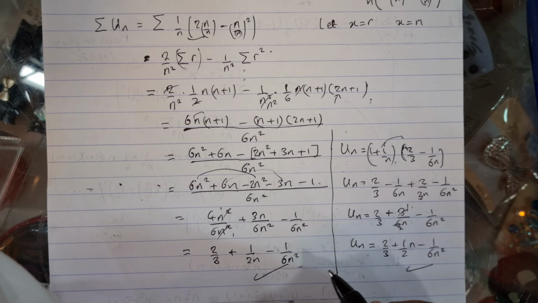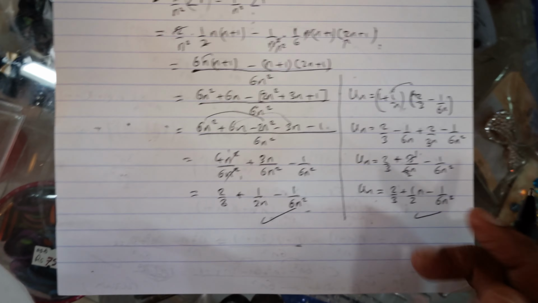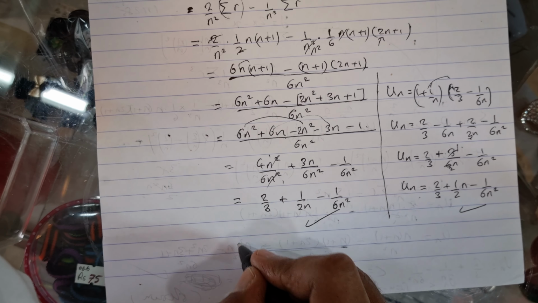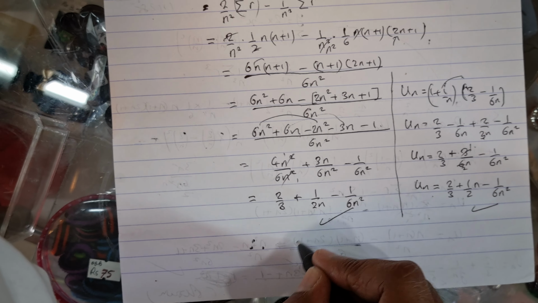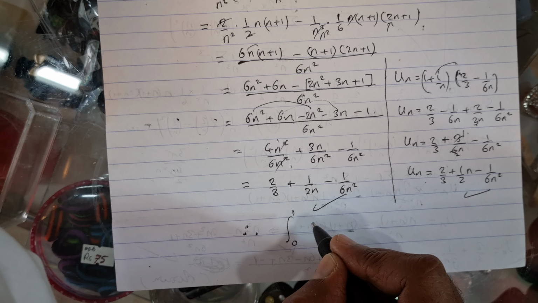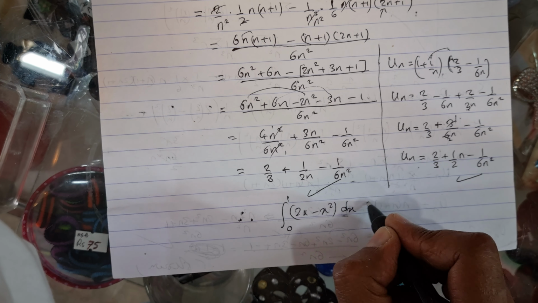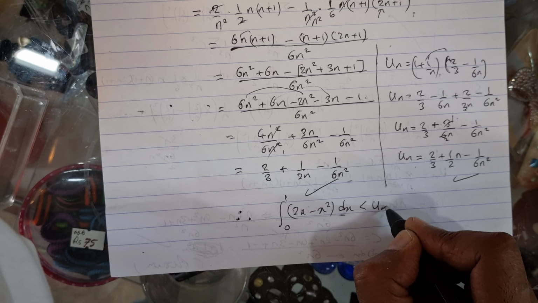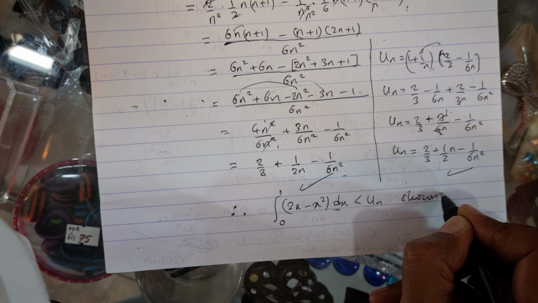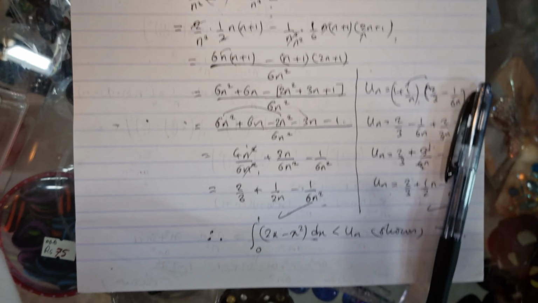So this is exactly identical to this. Therefore it has been shown that the integral with limits going from 0 to 1 of 2x minus x squared dx is less than Un. So here we are, done. Take care.